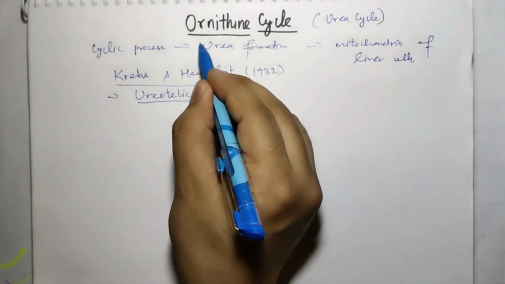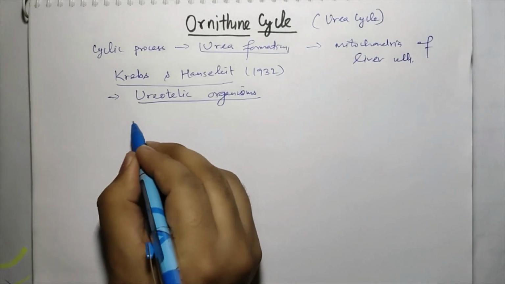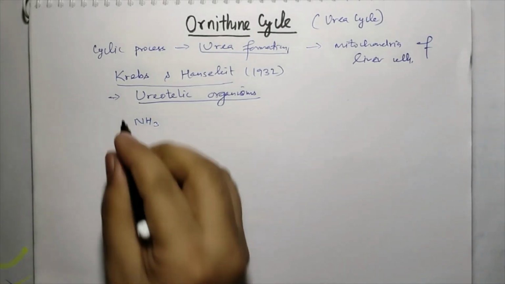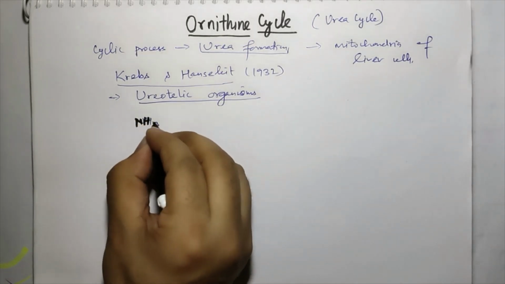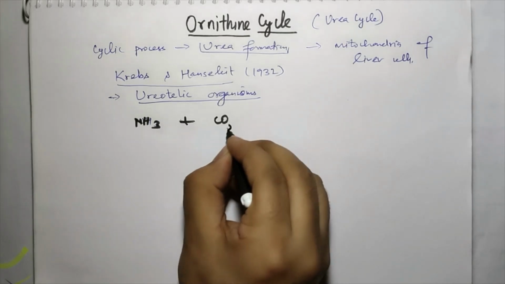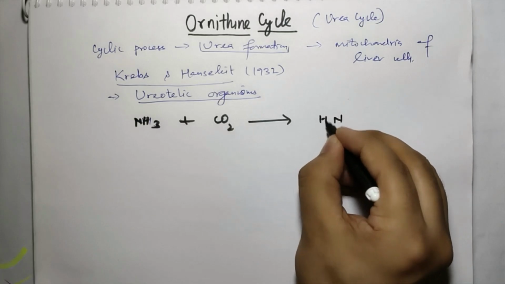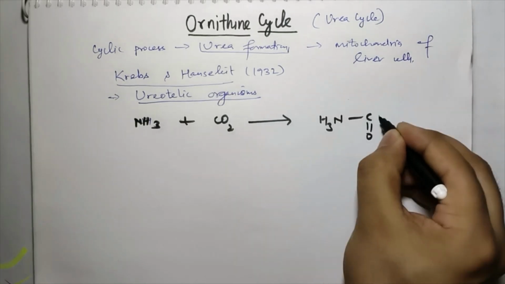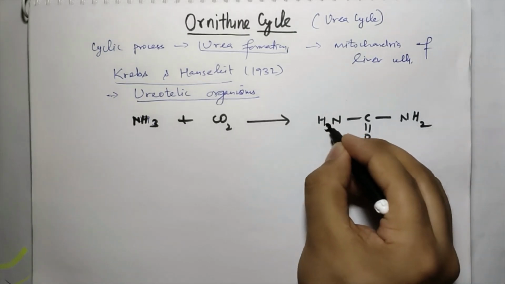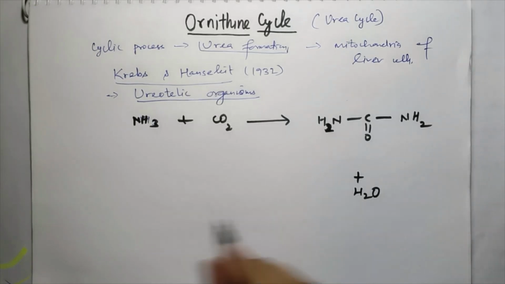In this cycle, urea is formed from ammonia plus carbon dioxide, and they combine to form NH2-CO-NH2 along with water.